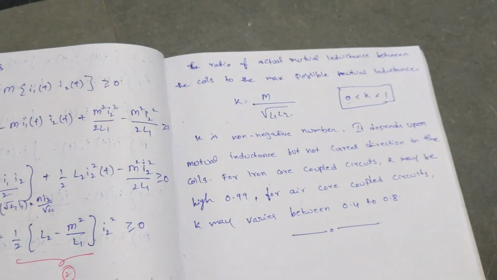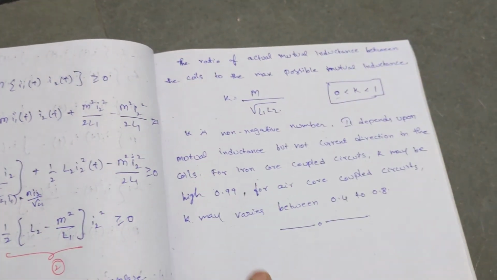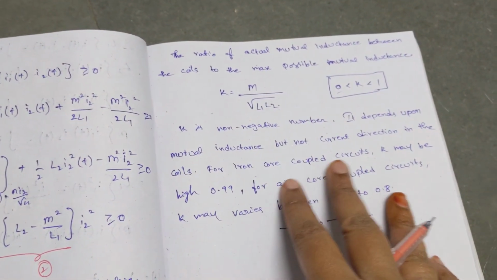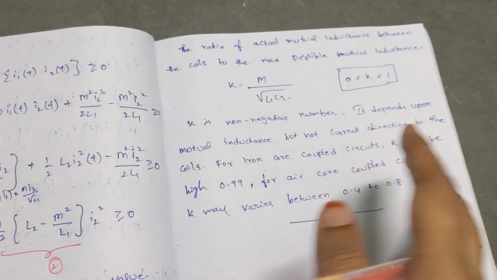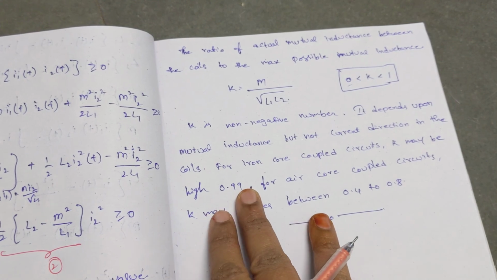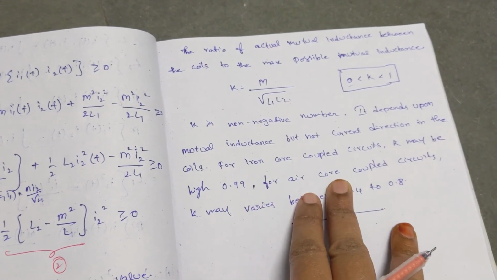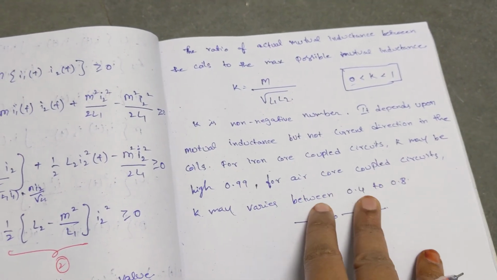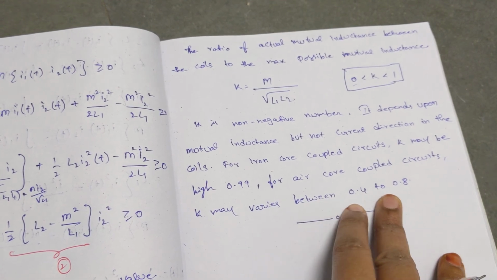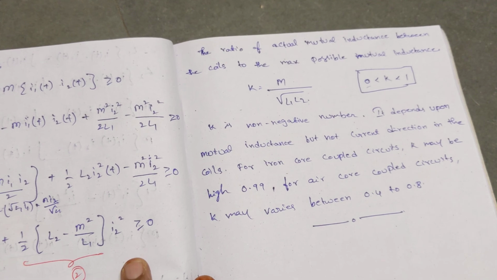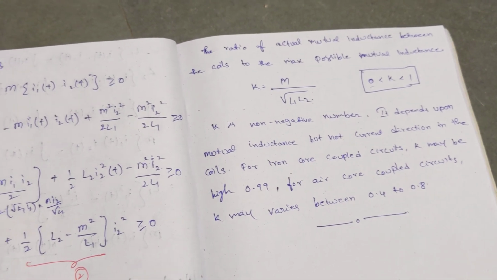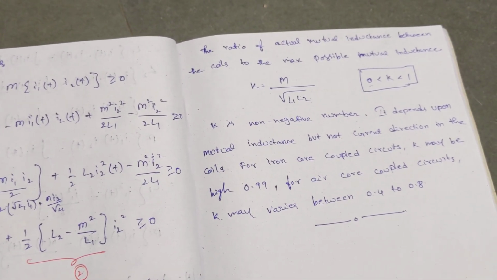So k ranges from 0 to 1. For iron-cored coupled coils, the maximum coupling is around 0.99. For air-cored coupled coils, it is between 0.4 and 0.8. So by this I conclude the derivation of the coefficient of coupling. Thank you.